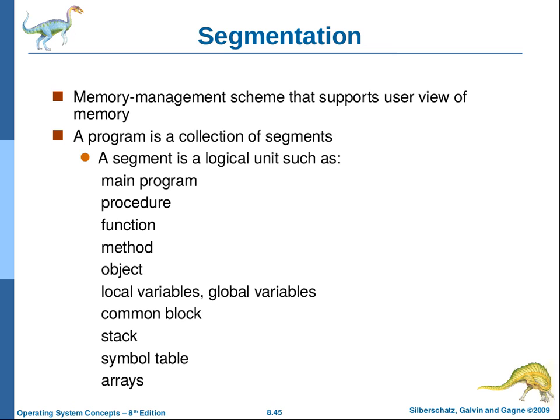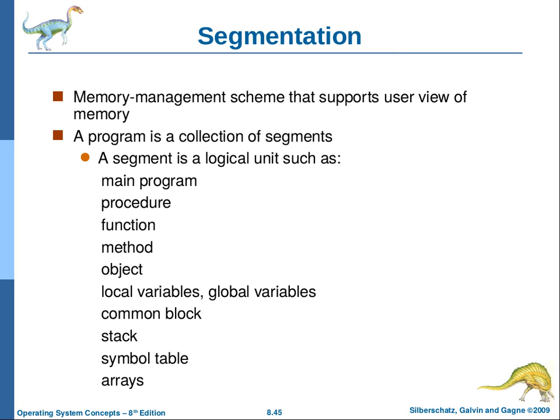Okay, segmentation. Earlier we talked about paging. If you remember, pages represent logical addresses from the CPU that map to a physical address, aka a frame in main memory. With segmentation, the idea is that most programs are divided into different sections or segments.